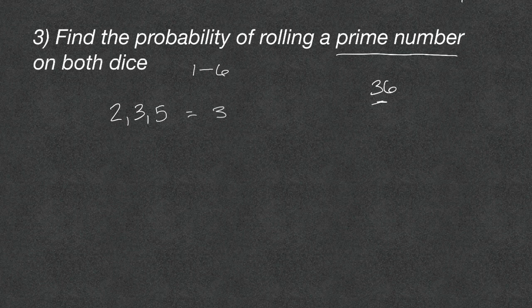Okay, so we have 3 numbers that we could possibly roll that are prime. And we have two ways to do this, actually. So you can think of it this way.